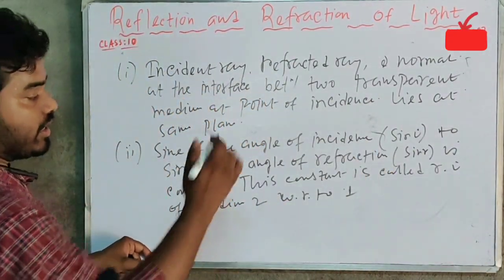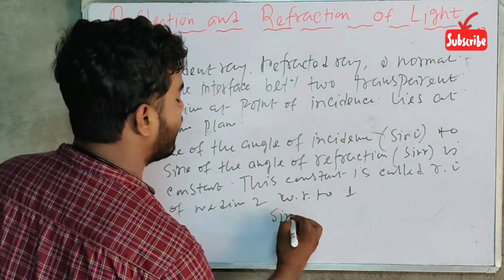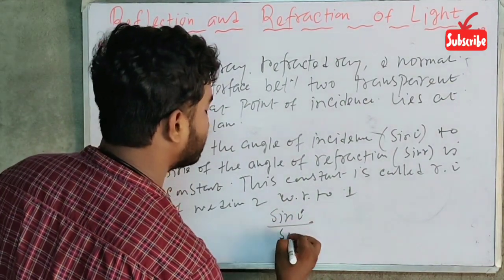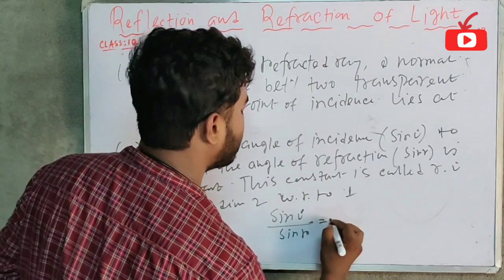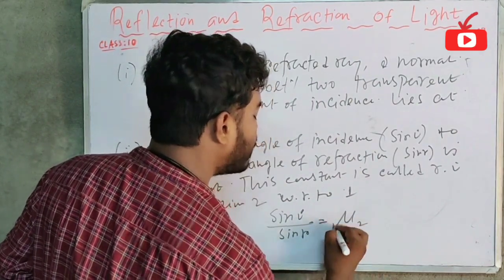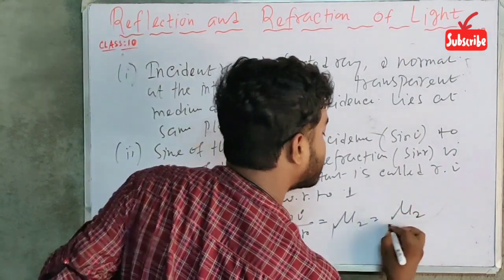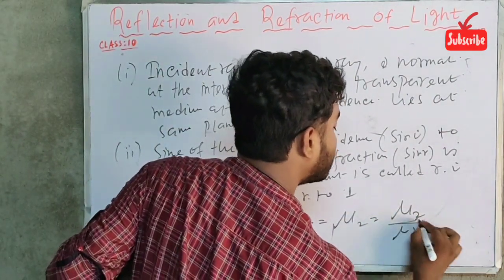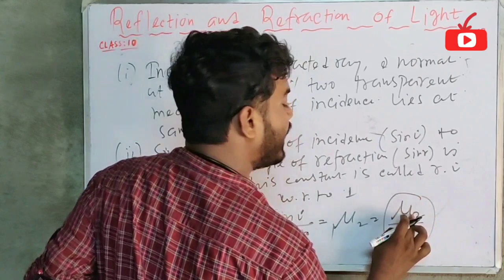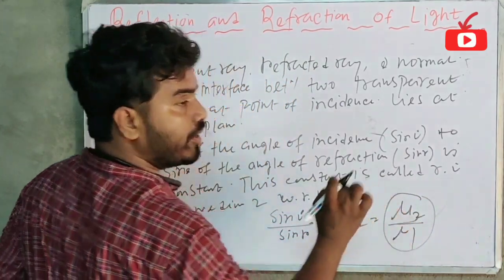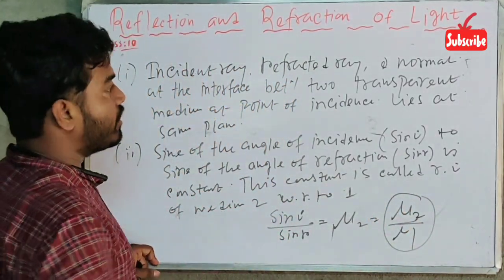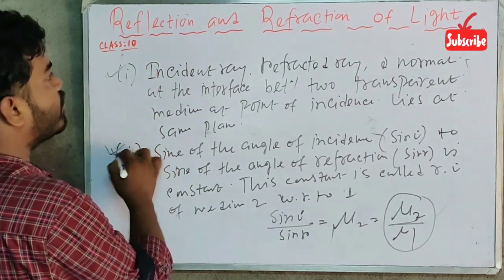Mathematically it can be represented as sin I by sin R is equal to mu 2 by mu 1, that is the refractive index of medium 2 with respect to medium 1. Clear? So these are the laws of refraction of light.